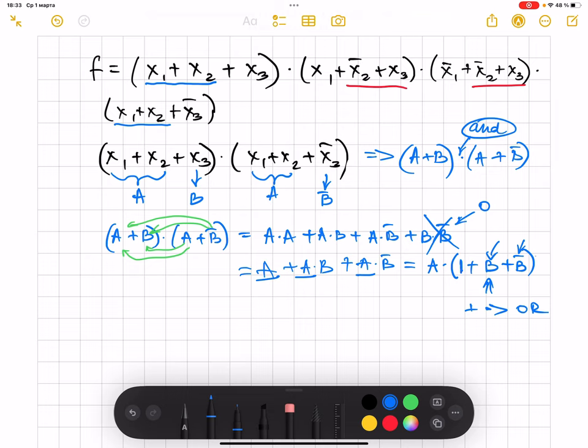So the result from this bracket is always 1. Overall, what we have left is just a. A was x1 plus x2. This means the result of the multiplication of this expression is just x1 plus x2.